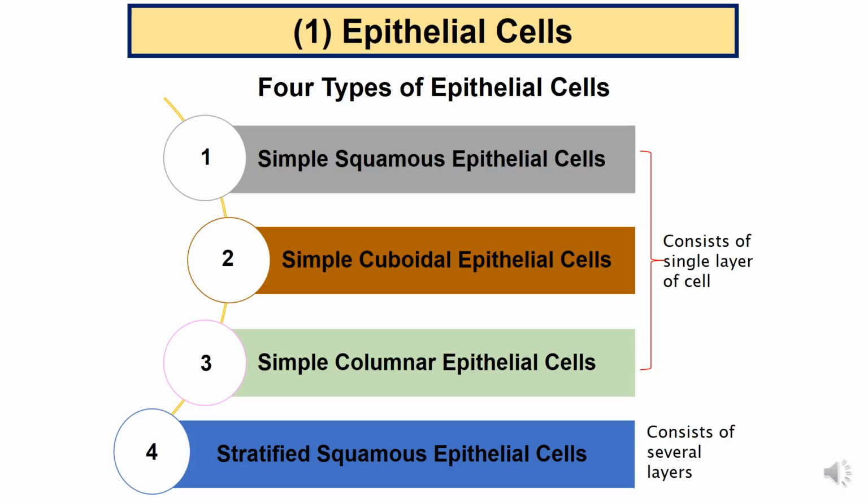The simple epithelial cells are divided into three, which are the simple squamous epithelial cells, the simple cuboidal epithelial cells, and the simple columnar epithelial cells. The simple epithelial cells are made of a single layer of cells, whereby the stratified squamous epithelial cells are made of several layers of cells.